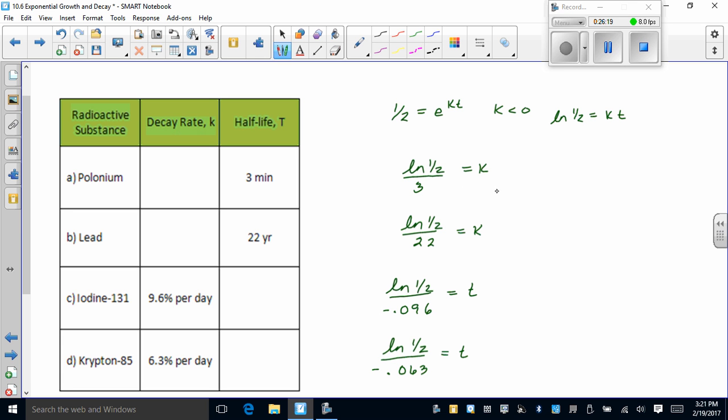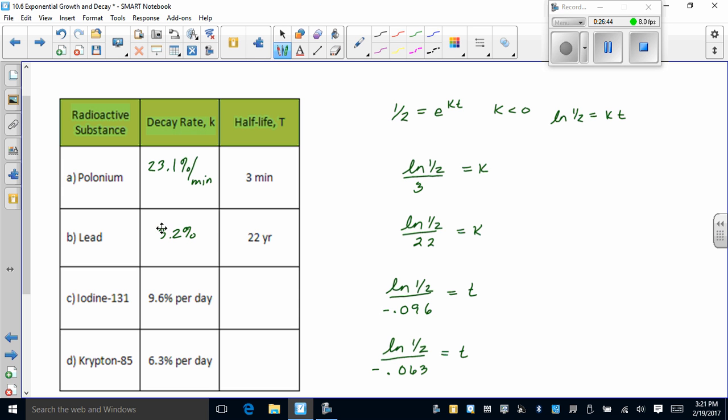gives me a rate of 23.1%. So this is 23.1% per minute. Gotta watch your units. On the second one, it gives me a 3.2% per year.